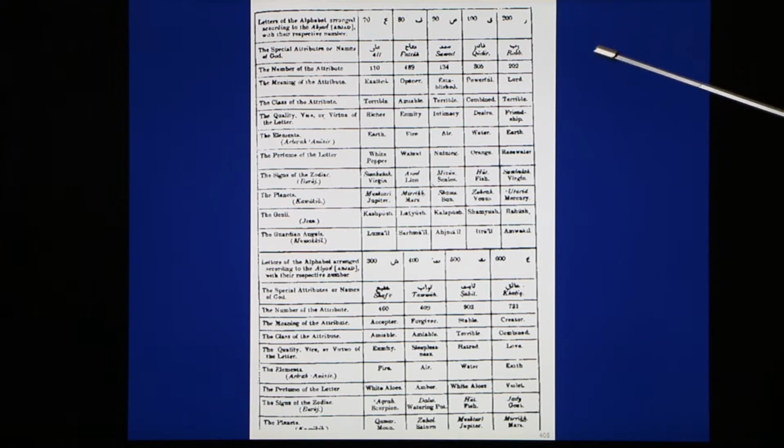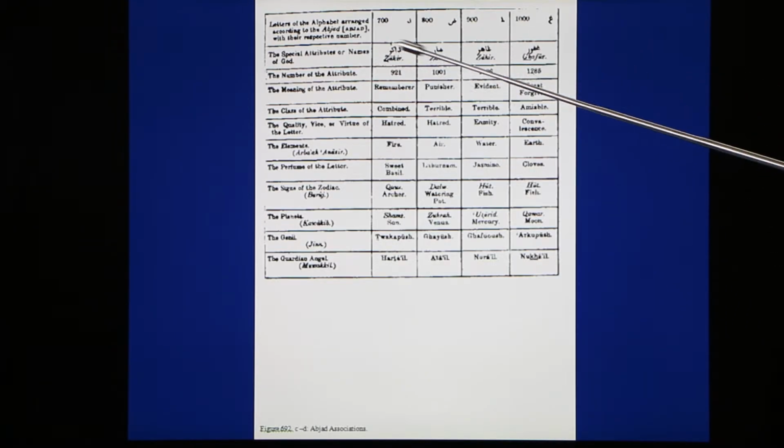And here are the next letters, and here are the final letters. So to pretend that the abjad is a simple switch from the Greek or the English is simply not sufficient.